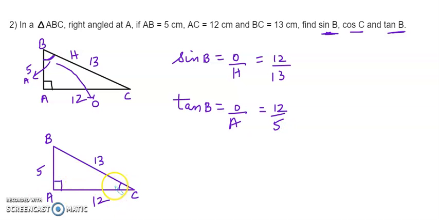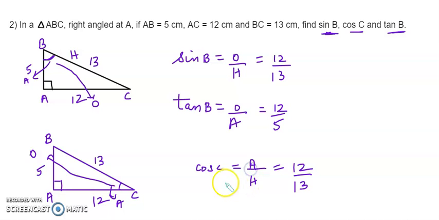Now for angle C, the opposite is this one and adjacent is this one. So cos C will be equal to adjacent upon hypotenuse, which is 12/13. Hope this is clear. Thank you.